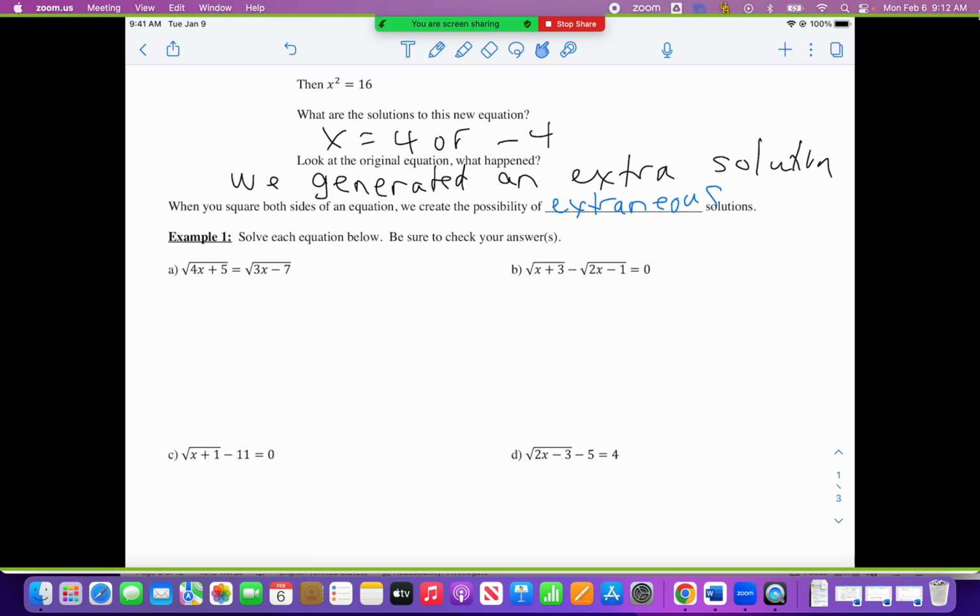So I'm going to write down some steps for us. Step 1, isolate the square root. Okay, step 1, isolate the square root. Well, in letter A, the square root, I have 1 on each side.